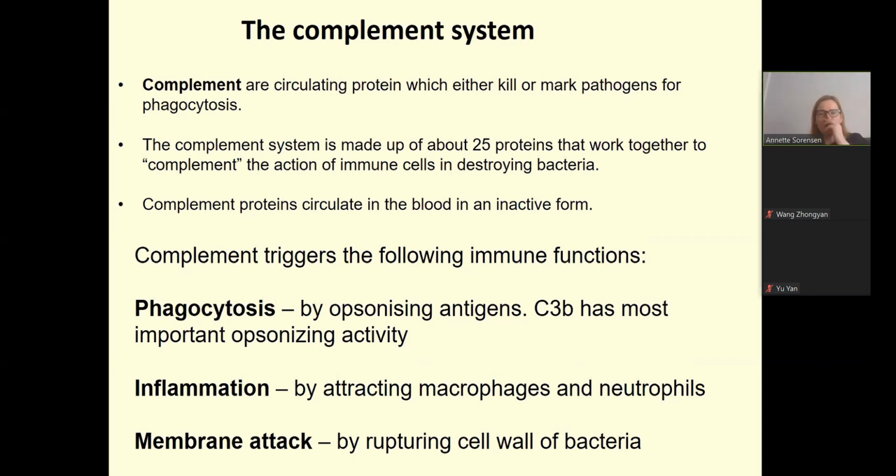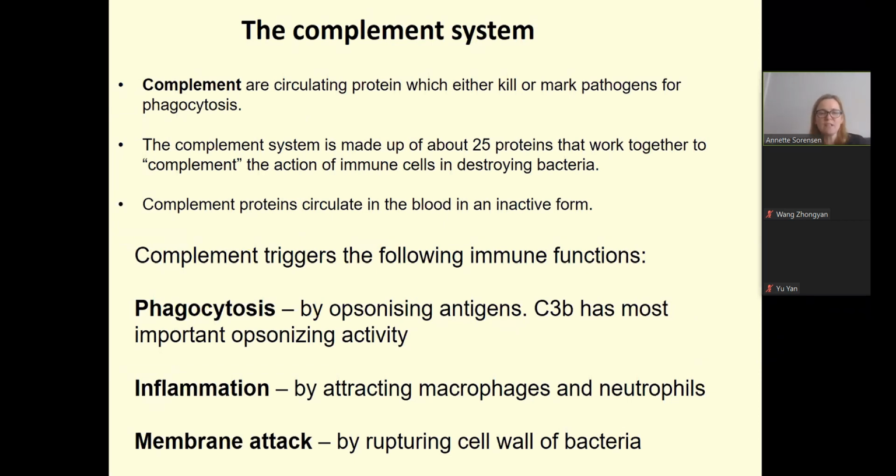Also, they can induce inflammation, so they attract macrophages and neutrophils, and they do that by marking.